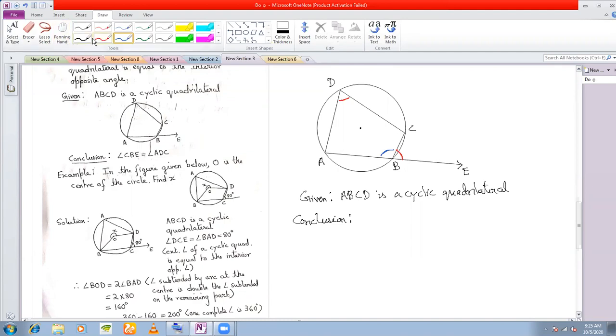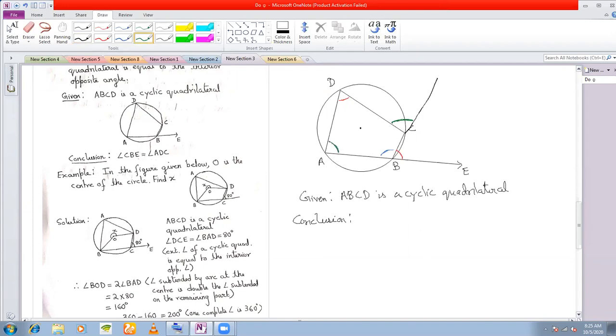Suppose I extend this line BC, in this manner. Then this becomes another exterior angle. And which one is the interior opposite angle?